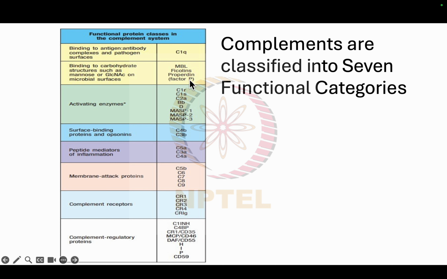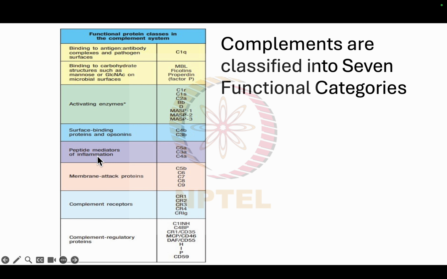Properdin is also called factor P. Activating enzymes: C1r, C1s, C2a, and so on. Surface binding proteins and opsonins, example C4b, C3b. If you are asked for examples of complement proteins which help in opsonization, your answer will be C4b, C3b.